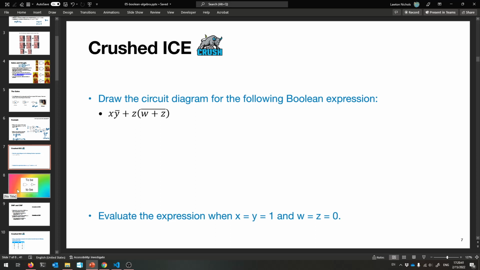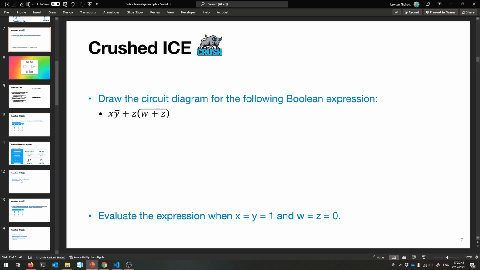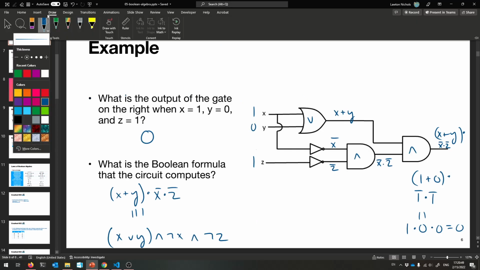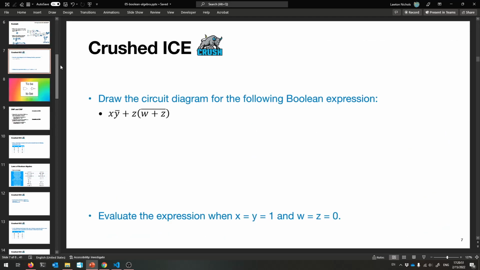All right, assuming you gave that a try, let's talk about it. Here we are. So this is an AND, right? First of all, we have 4 variables, 4 inputs, X, Y, Z, and W, and they're leading into some stuff.